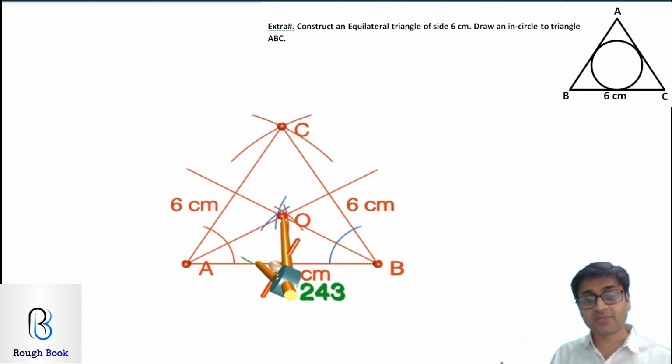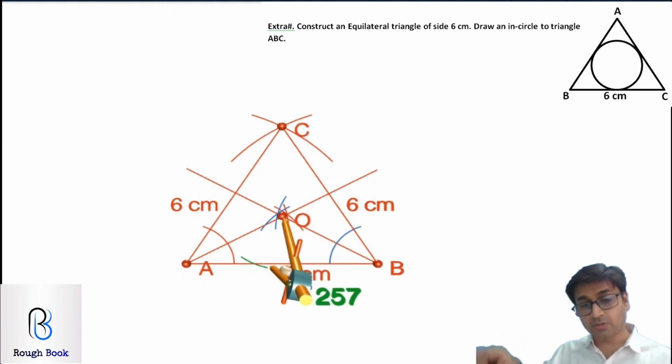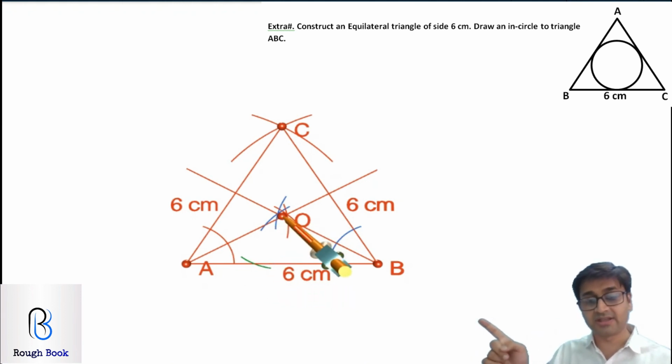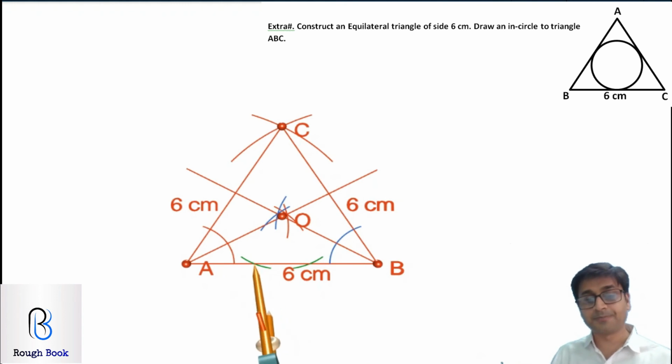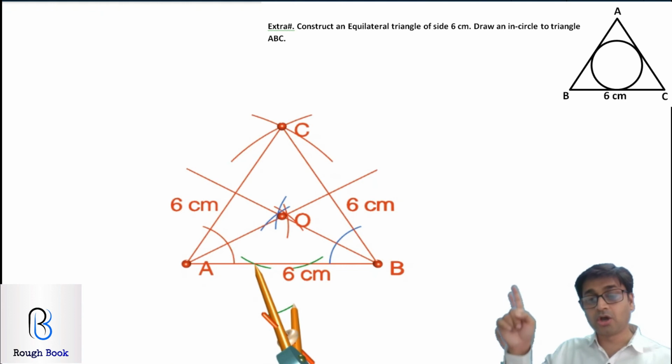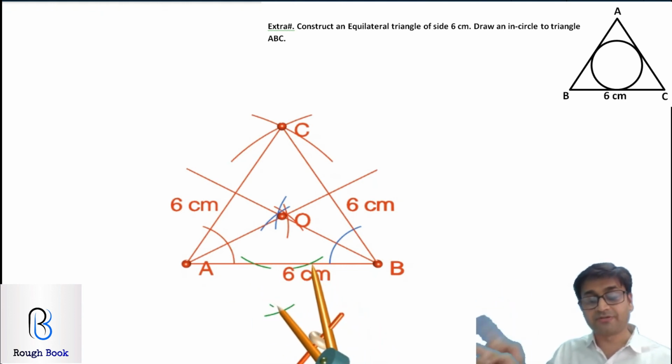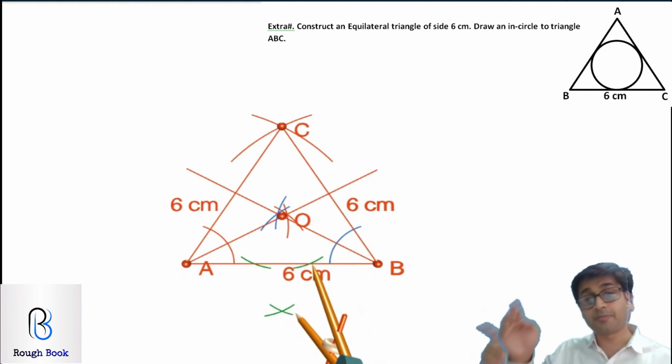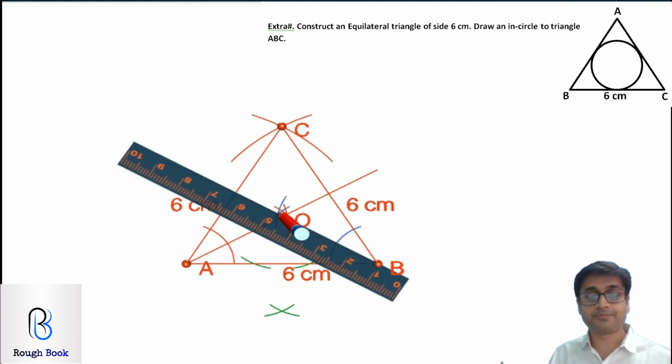Without changing the radius, cut one more arc on the other side. Then from these two new points, cut further arcs down. The point of intersection of these two arcs, along with O, if you join them, you will get your perpendicular being dropped down.